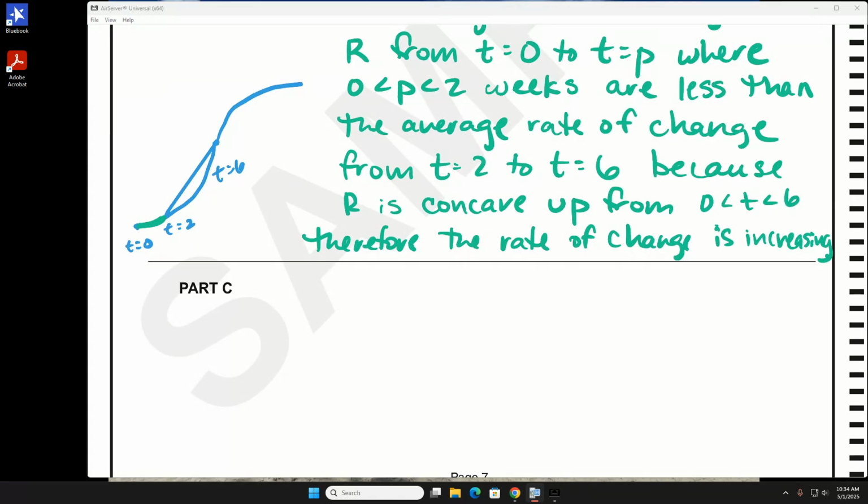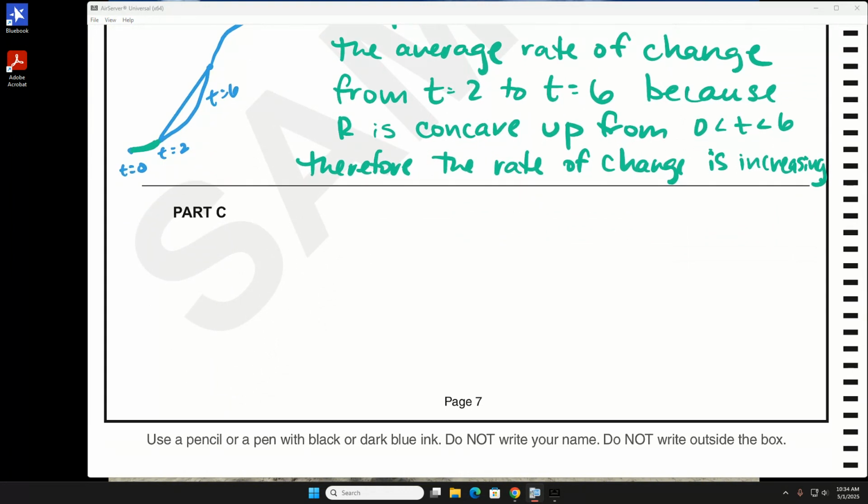All right, let's see if we can do this part C. So this one, the model R is valid for t between 0 and 12 hours. Explain how the range values of the function R should be limited in the context of the problem. As far as the range or the outputs of t from 0 to 12? Yes, perfect.